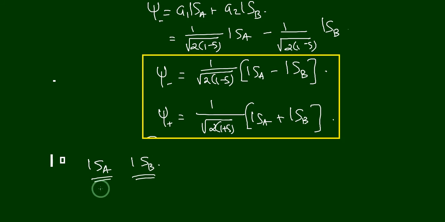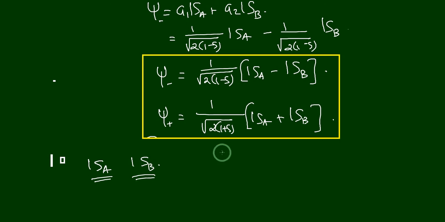These are basis functions, and here we have taken only two basis functions. We can include more, for example 2s, 2p, etc., and if you include more atomic orbitals, we will get correspondingly more molecular orbitals. The more basis functions, the better the result.